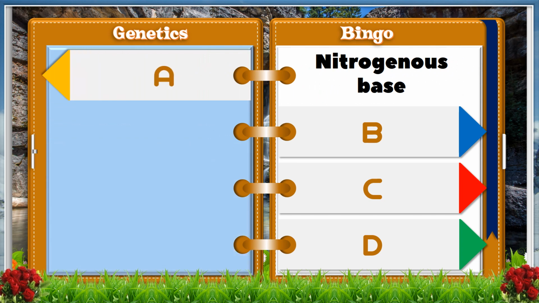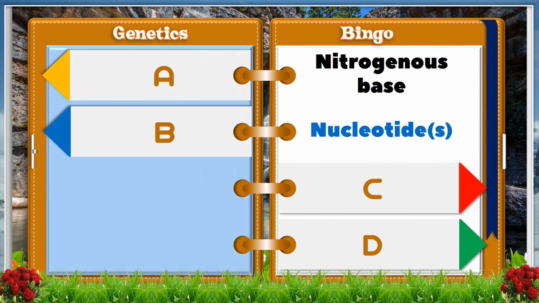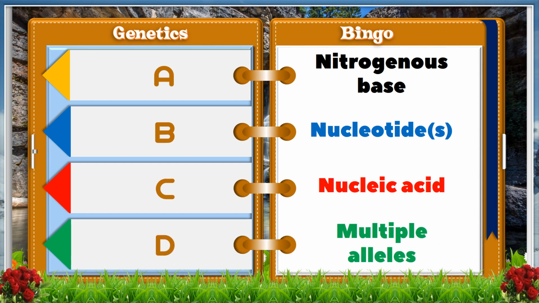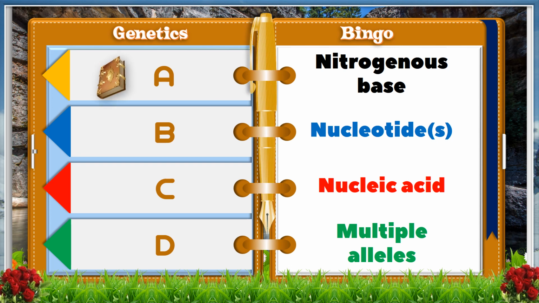A. Nitrogenous base. B. Nucleotides. C. Nucleic acid. D. Multiple alleles. And the answer is A. Nitrogenous base.